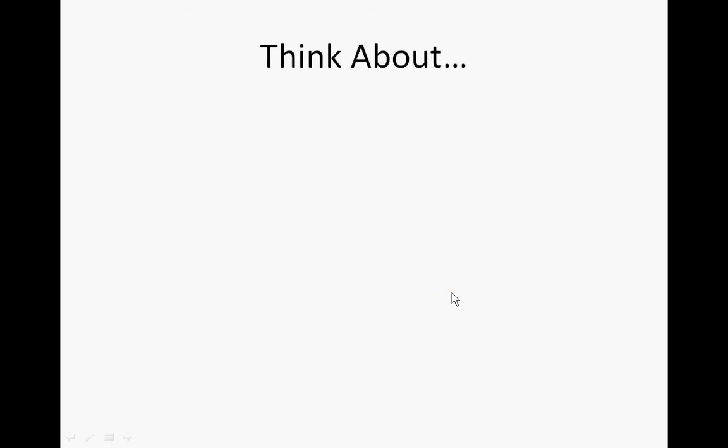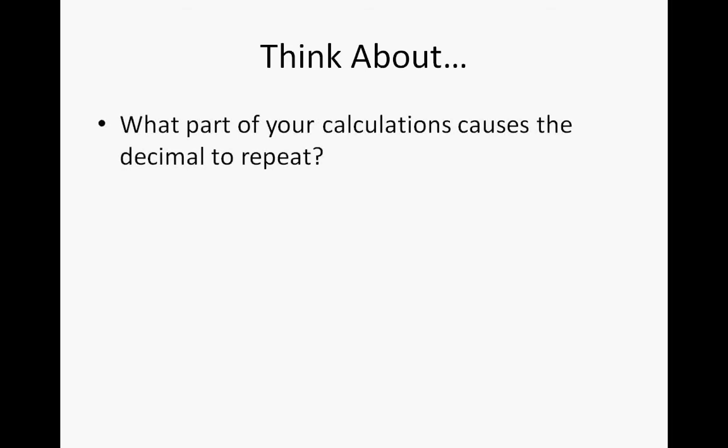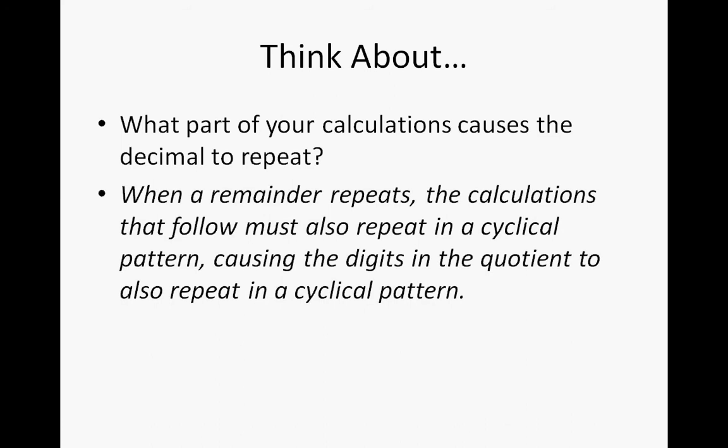All right, so think about this. You don't have to write it down unless you feel it's important for you to remember for later. What part of your calculations causes the decimal to repeat? Well, when a remainder repeats, the calculations that follow must also repeat in a cyclical pattern.